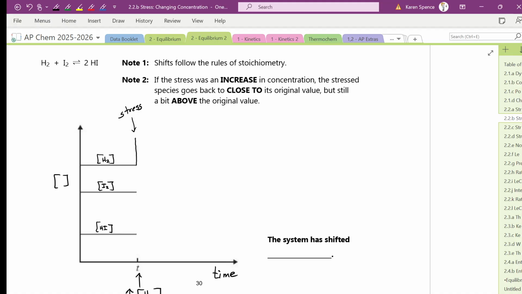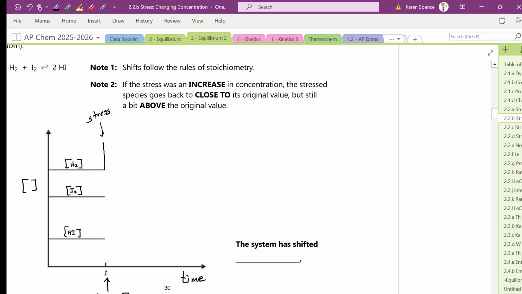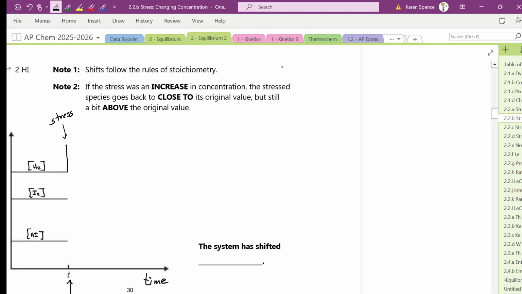Now, if you want an explanation of the shift in terms of Le Chatelier's principle, I forgot an N. Principle. Best explanation is always in terms of rates.